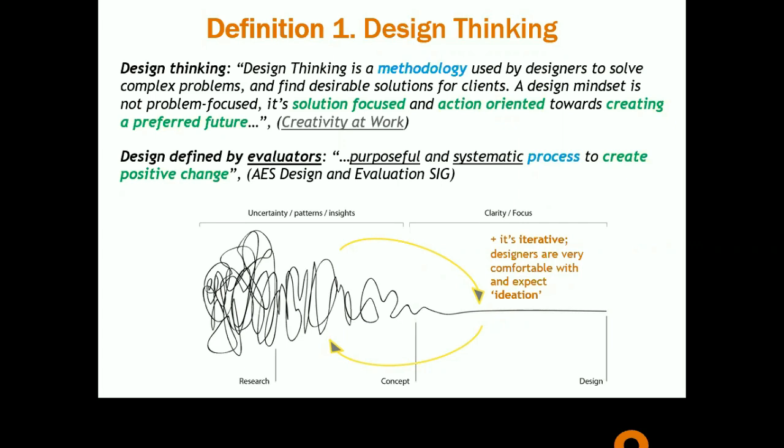It's something we work through, and that comes out in both definitions, but it's also about creating improvement in the world. In one of those definitions we've got creating a preferred future and in the other creating positive change. So they're really the core parts of the definition that I think stand out as what design thinking is. It's going through a process to create desirable change.